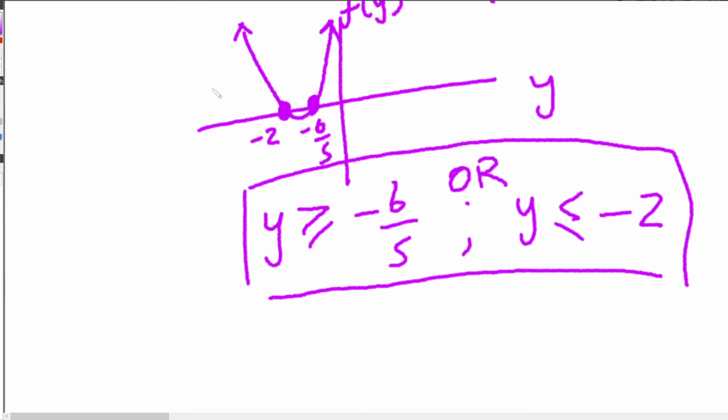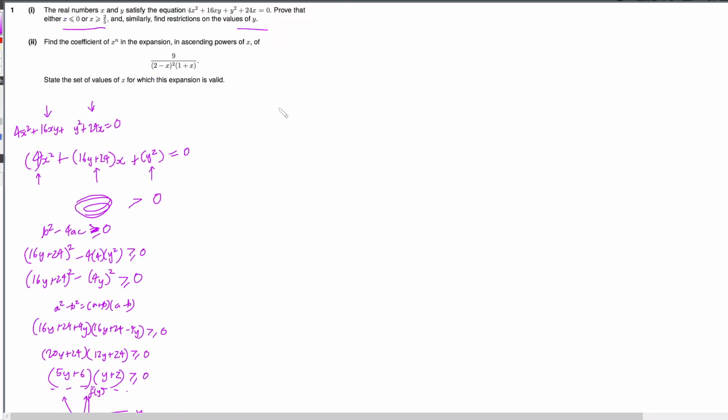So this process can be repeated for taking this expression as a quadratic equation with unknown y with coefficients in terms of x.